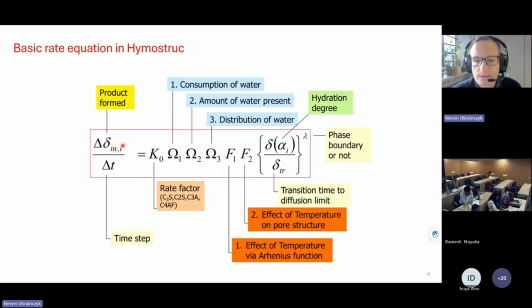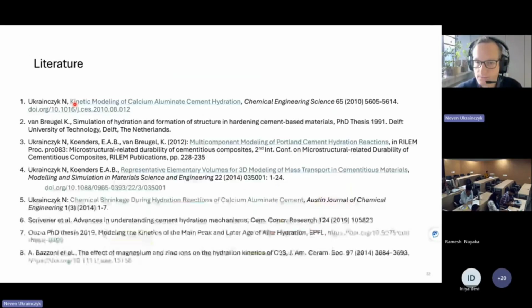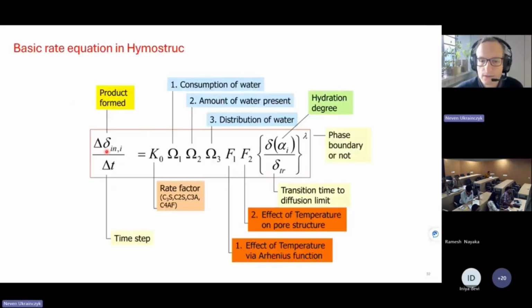This tells you the thickness of the red part. Delta in is the thickness of the red shell. It basically tells you how much of the cement was consumed, and you want to know the thickness of the red shell for each particle, and this is equal to a constant. This is actually the dissolution rate constant.